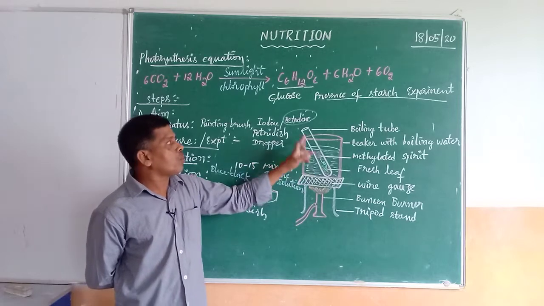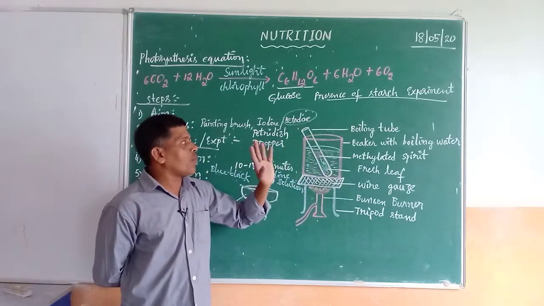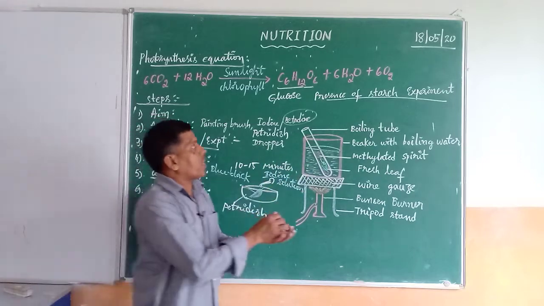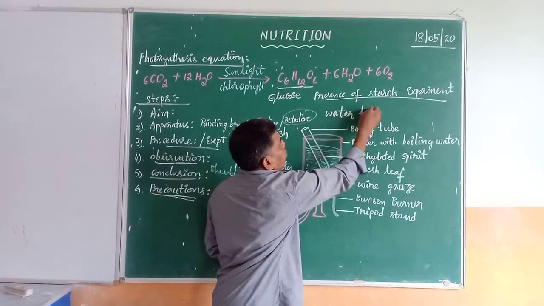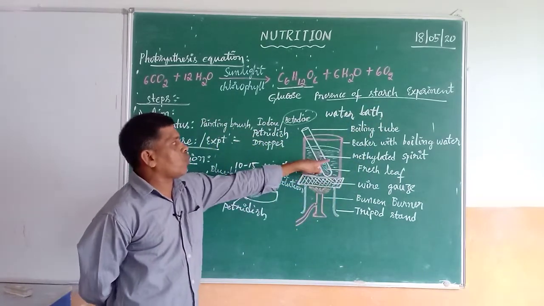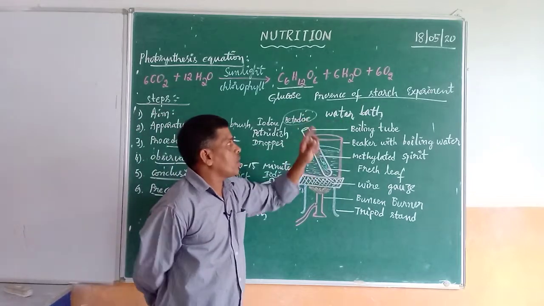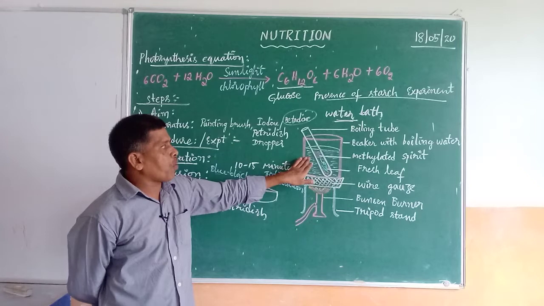You need to boil it in a beaker containing water, and this sort of arrangement we call a water bath. Indirectly heating, boiling the leaf in the boiling tube by using a beaker with water, is called a water bath. This will make us very safe while performing the experiment.